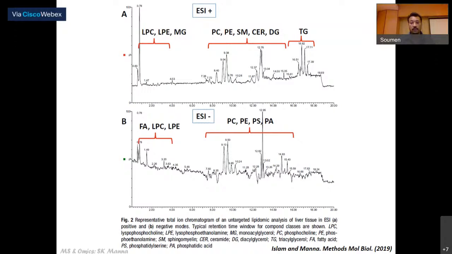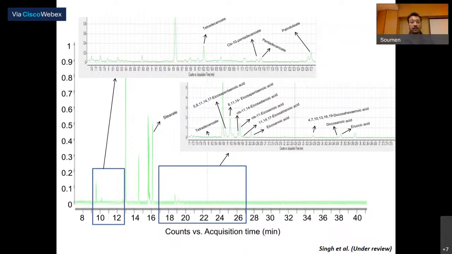This is another example of fatty acid methyl esters, which are analyzed in serum samples, and you can see several different types of fatty acids identified here, all as fatty acid methyl esters.